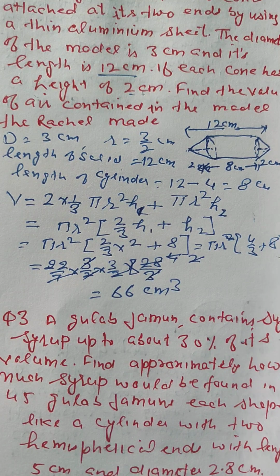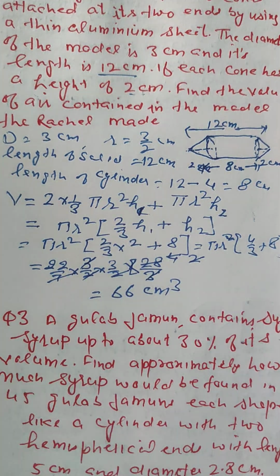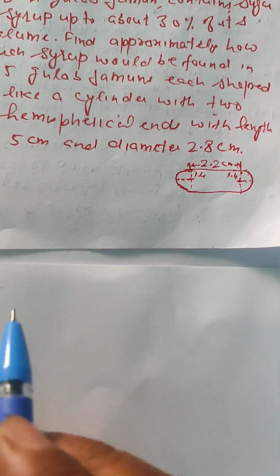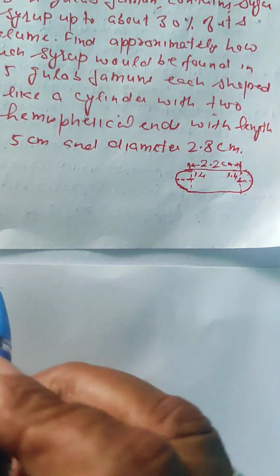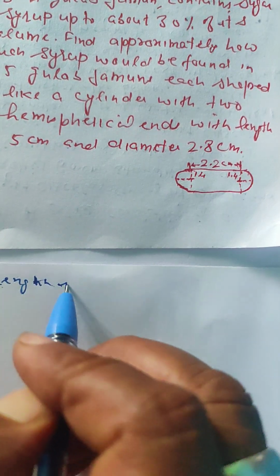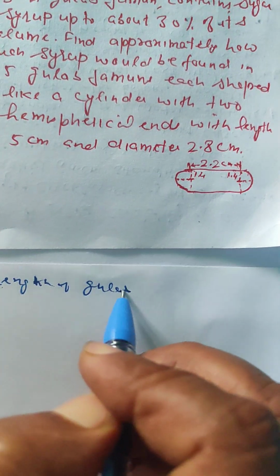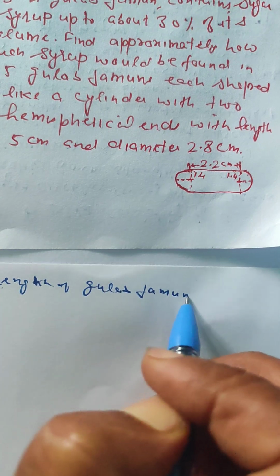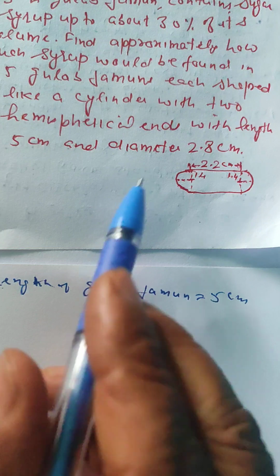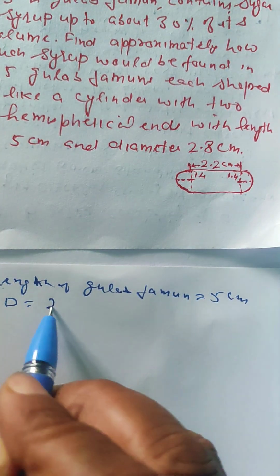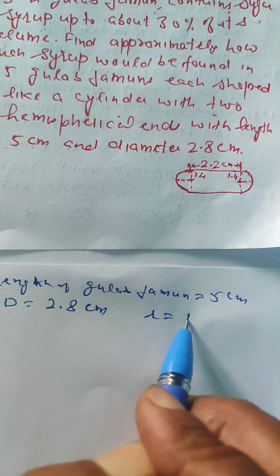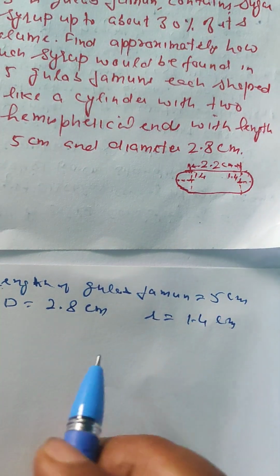So the length of the gulab jamun is equal to 5 centimeter. Diameter D is equal to 2.8 centimeter. Therefore R is equal to 1.4 centimeter.